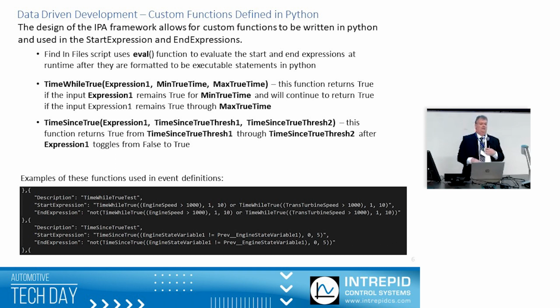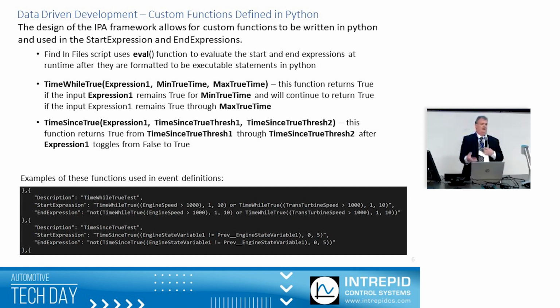So then you could AND that with other conditions, like my fuel air was richer than 0.06 or something, so you could find when the fuel air went rich following a cold start. So that's just an example of these couple of custom expressions.